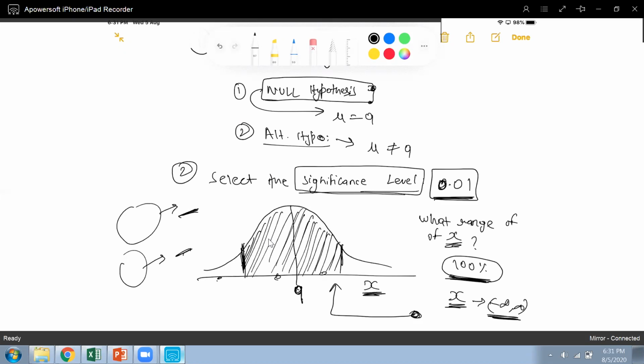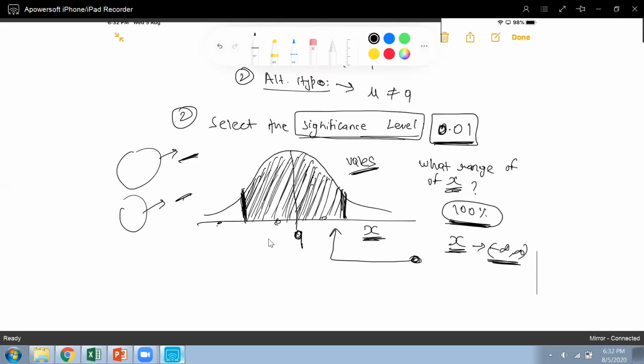In the same way, I define this region up to which values I will be accepting my null hypothesis.